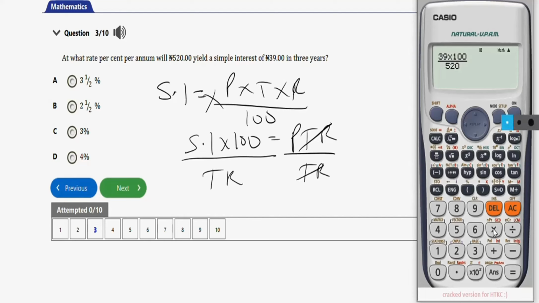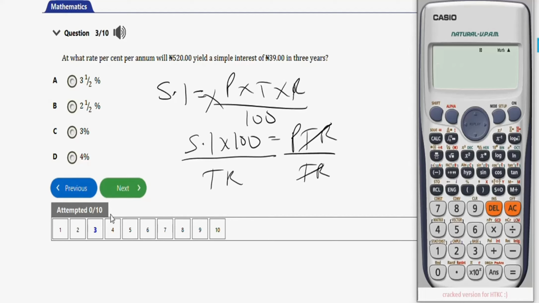To get the rate, R is equal to 5 over 2. 5 over 2 is equivalent to 2 and 1 over 2, that is 2.5 percent. So 2 times 2 is 4 plus 1, 5. The right option here is option B. Okay, so that's it for this question.